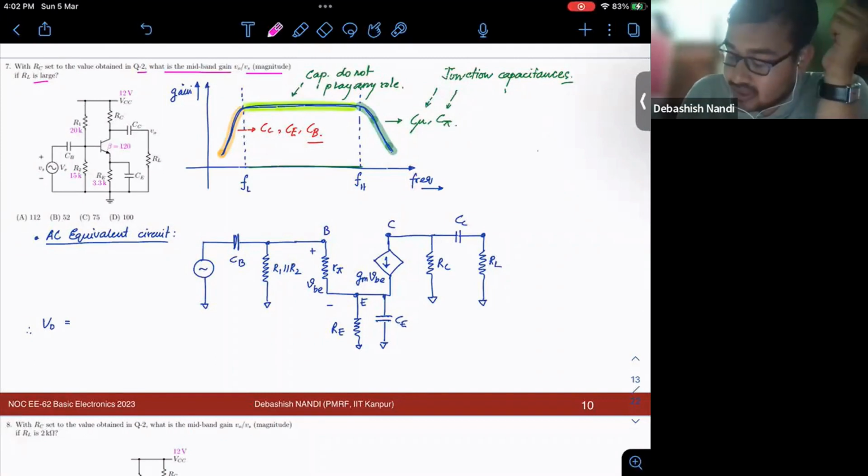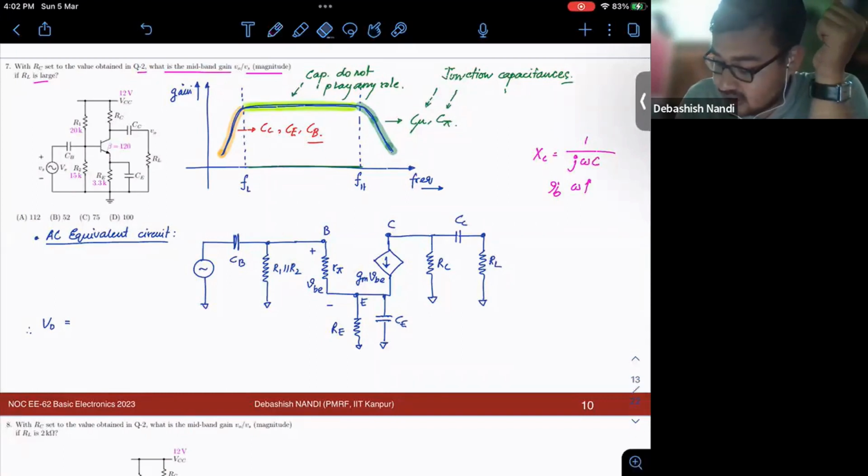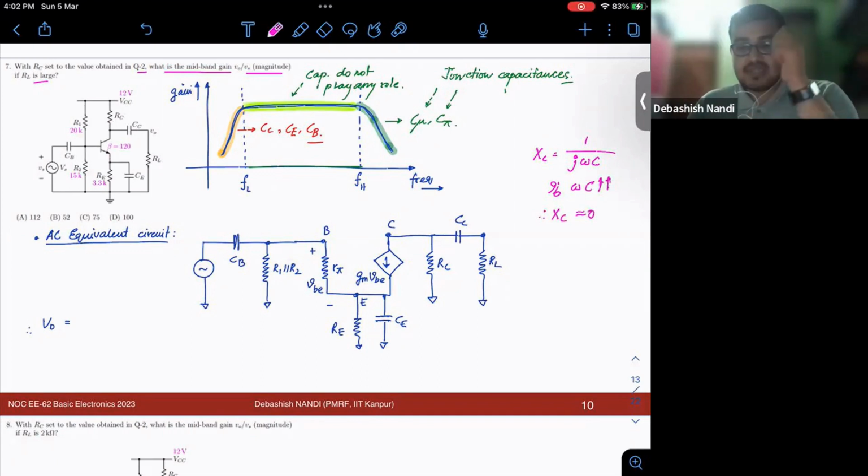When will that happen? With j omega C, if your omega C is much higher, then your XC is almost zero. That means the impedance is almost negligible, right? Then you can simply short this.